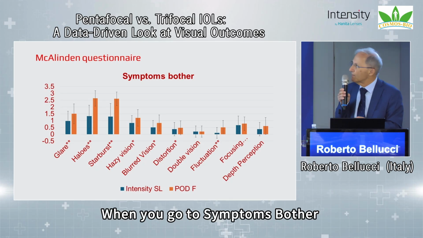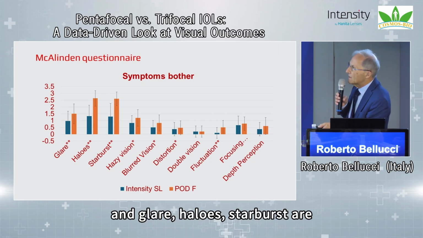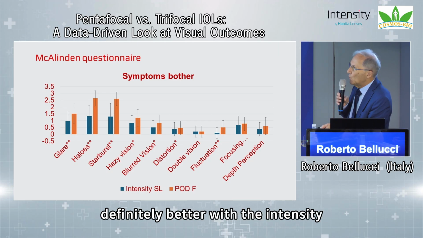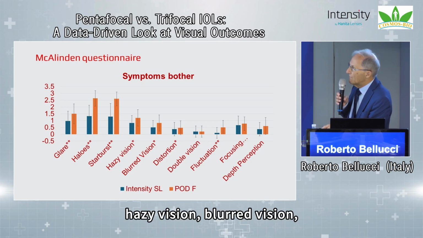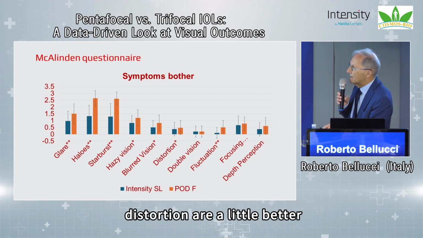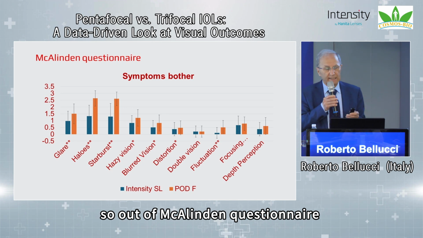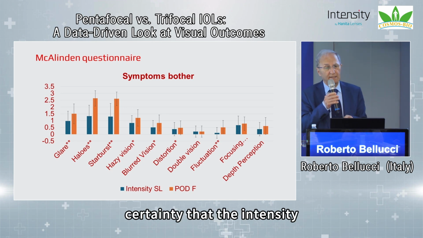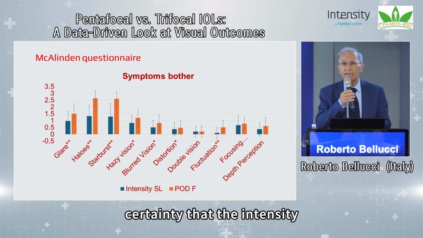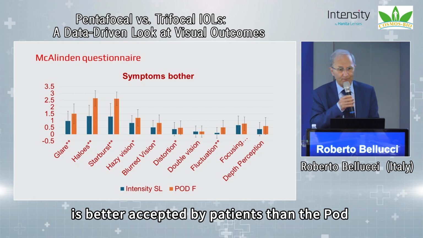When you go to symptoms bother, we see that differences are a little bit higher, and glare, halos, starbursts are definitely better with the intensity. Hazy vision, blurred vision, distortion a little better, fluctuation much better. So out of the McAlinden questionnaire, I had the certainty that the intensity is better accepted by patients than the PODEF.